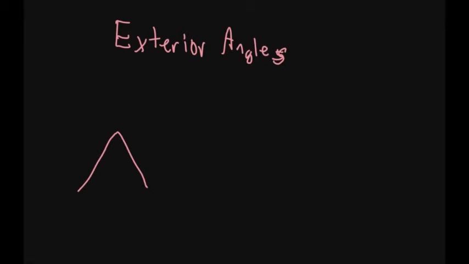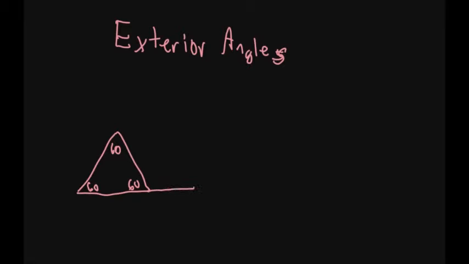Alright, next we're going to do exterior angles. If we think of what we started with, a triangle, let's say this is equilateral, so all the interior angles are 60.